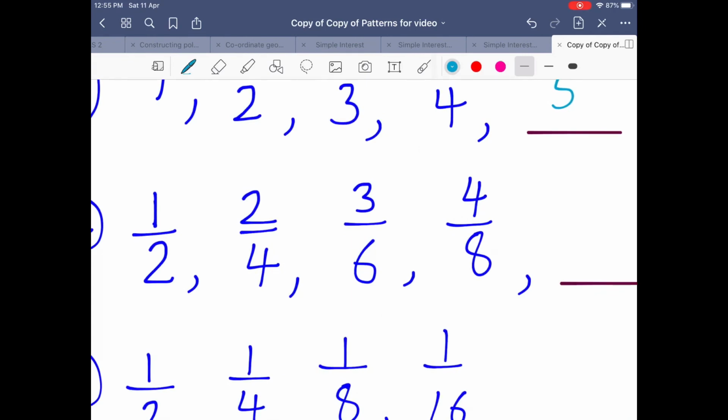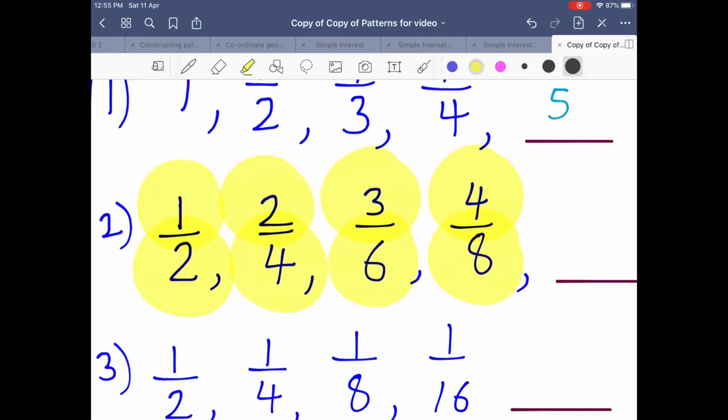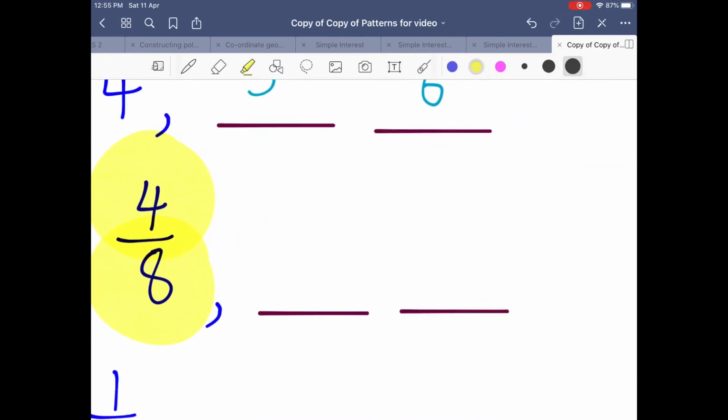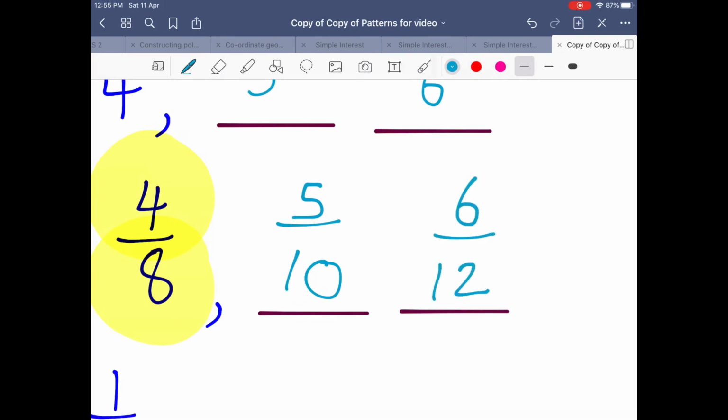Next, we are seeing that the numerator is increasing by 1 and the denominator is increasing by 2. So 4 plus 1 is 5 and 8 plus 2 is 10. Again, 5 plus 1 is 6 and 10 plus 2 is 12.